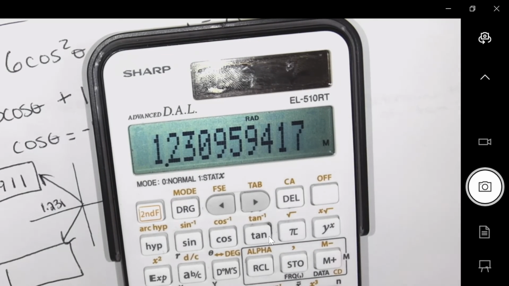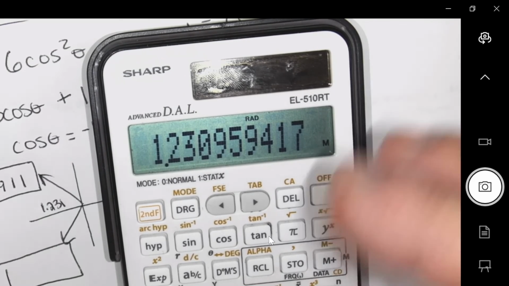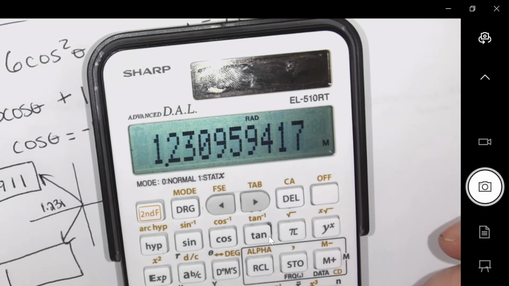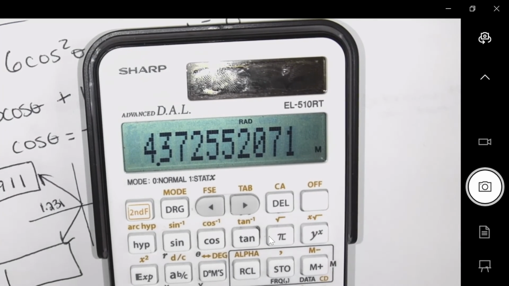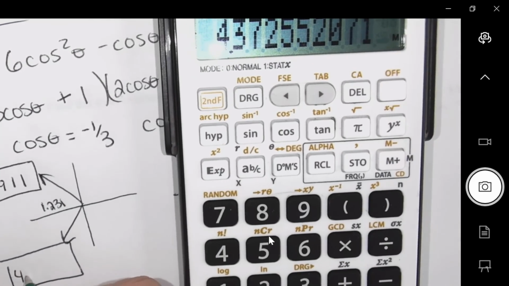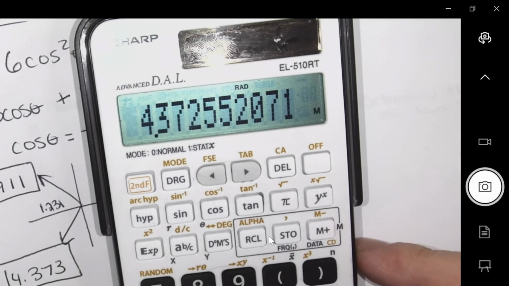Okay, I just took off another pi and then I actually changed it by -1. I always try to just maneuver it back onto my screen by adding, subtracting pi, whatever I need. Now plus pi. So this one is 4.373 because I don't ever really like to round until the very, very, very last step.